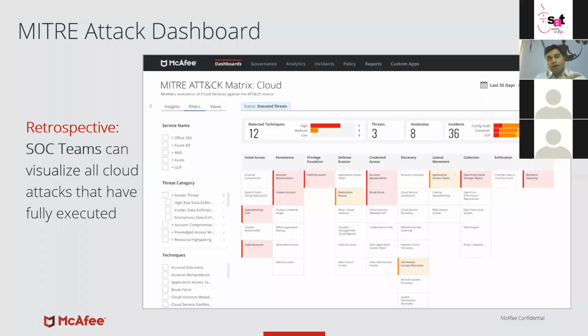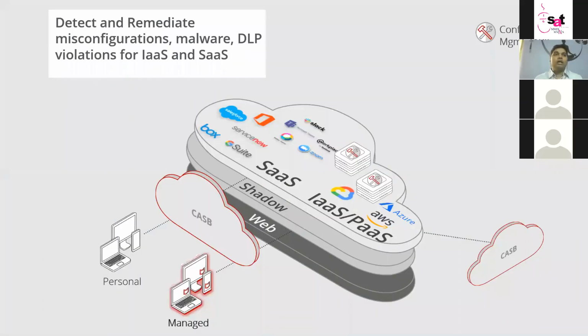Now, from a dashboard perspective, these were some of the exfiltration vectors I was talking about. How do we detect that, and how do we protect from a single platform?